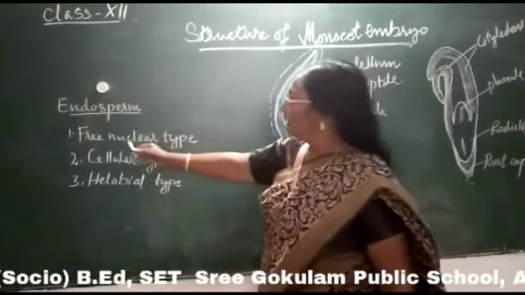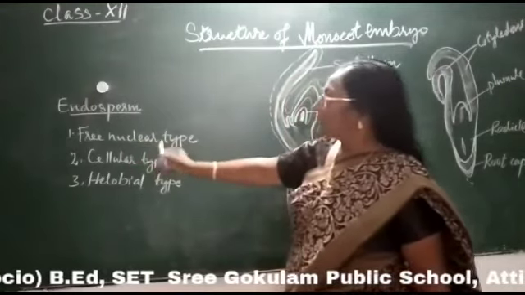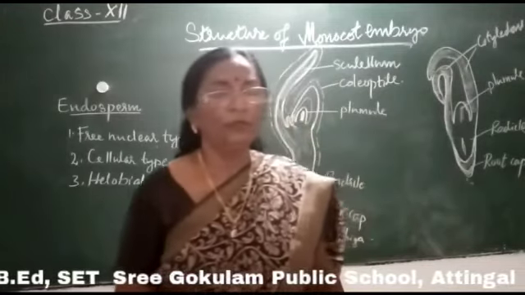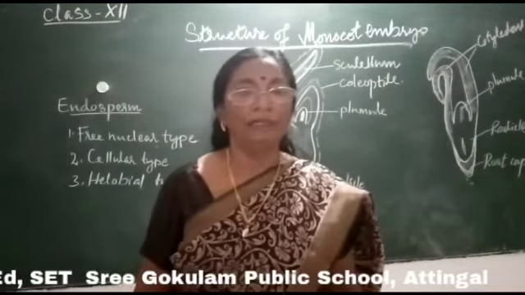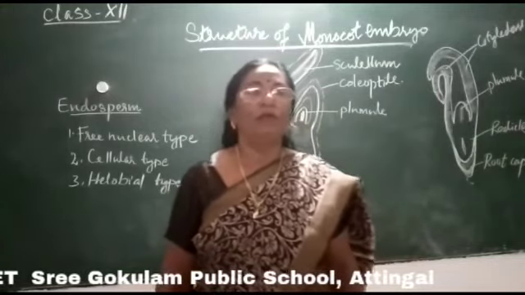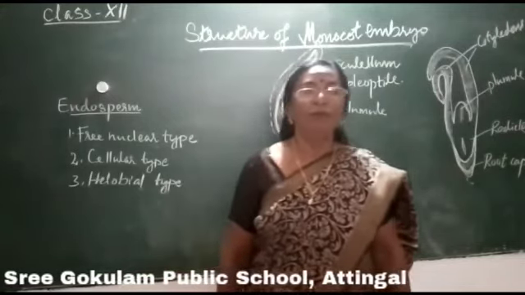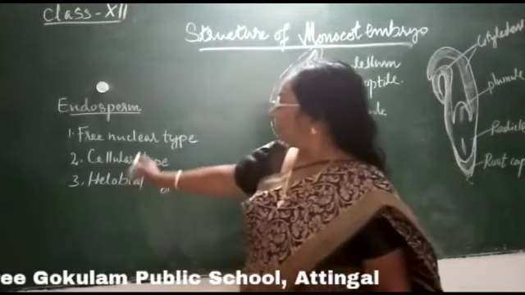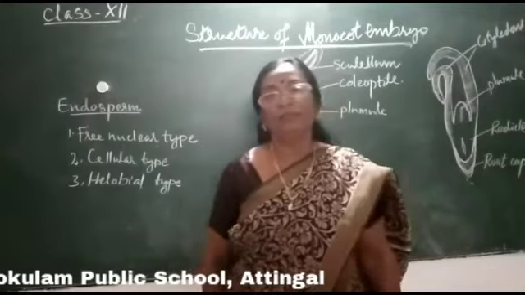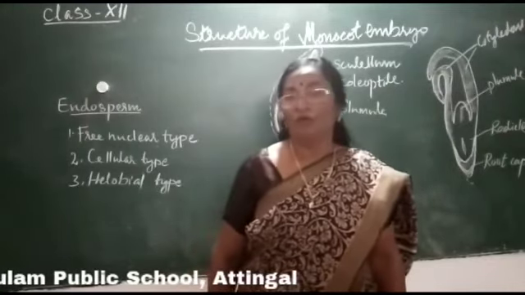In the case of free nuclear type, the single nucleus present in the endosperm undergoes repeated division to form a large number of free nuclei, which is followed by wall formation and develops into the endosperm. In the case of cellular type, whenever the nucleus is dividing, that is followed by wall formation.